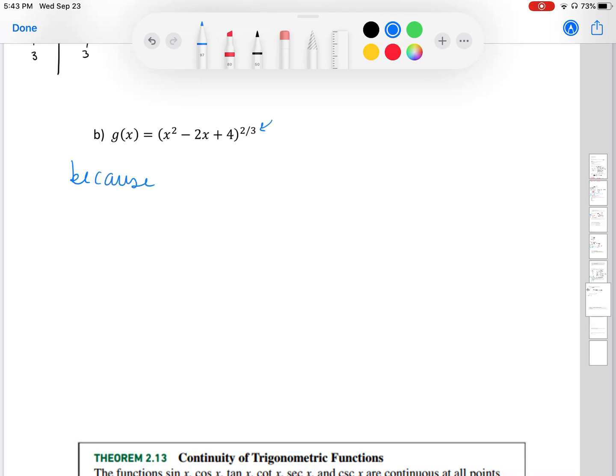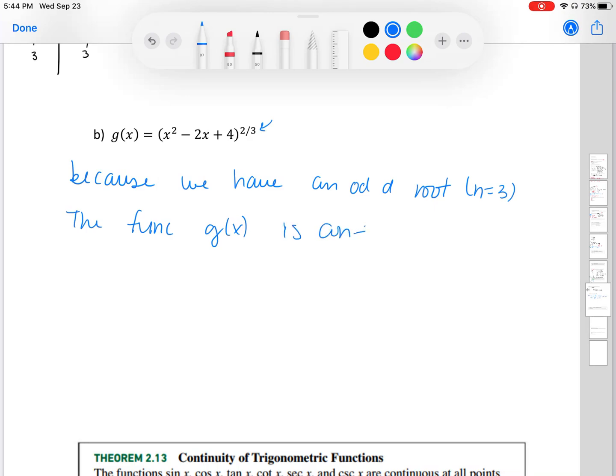Because we have an odd root, n equals 3, the function g of x is continuous for all x.